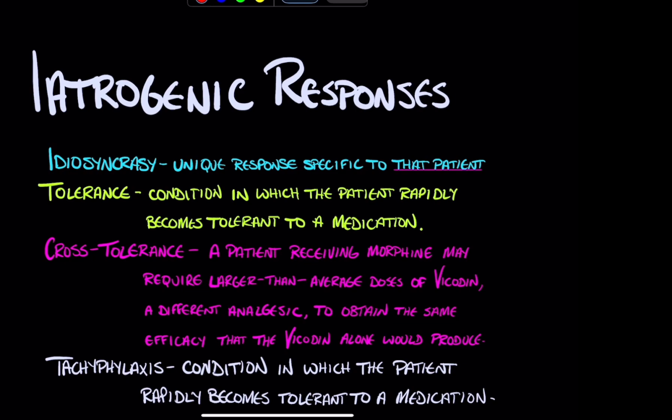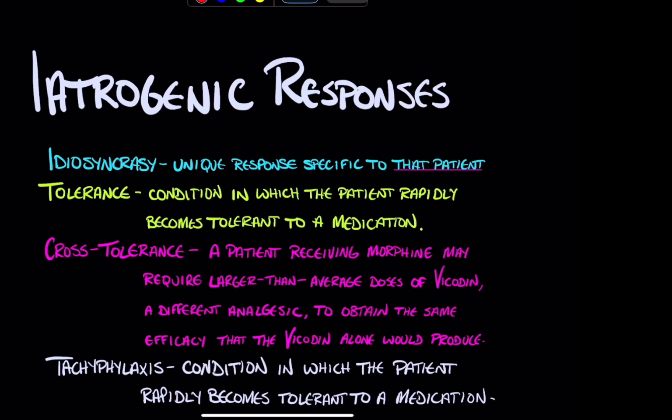So we're going to chat a little bit about sensitivities or untoward effects of medications, or maybe unexpected responses. These are called iatrogenic responses. These would be like hypersensitivities, where the body is responding either more acutely or more quickly than we'd expect, or it's having symptoms that are amplifying the effects of the medication.